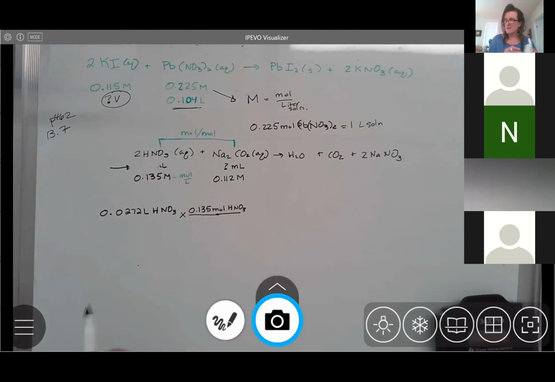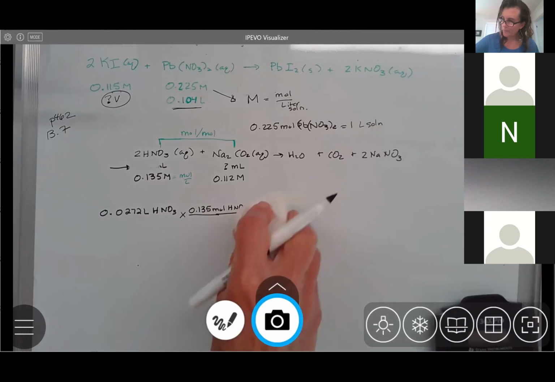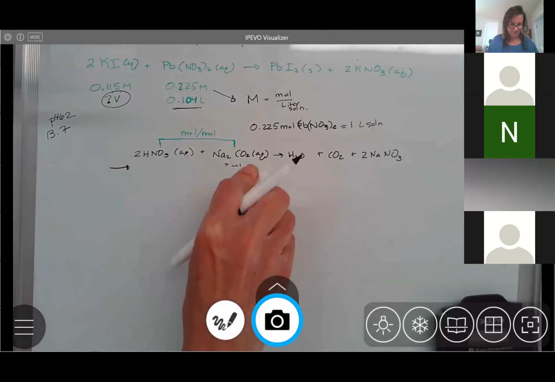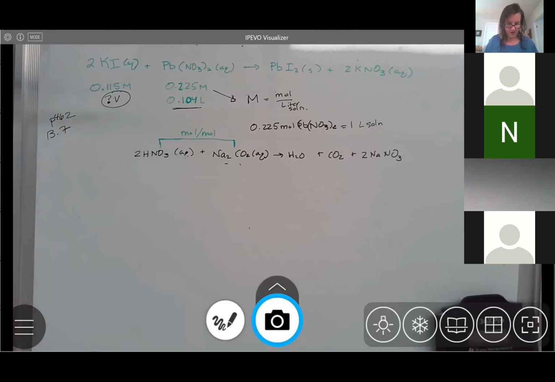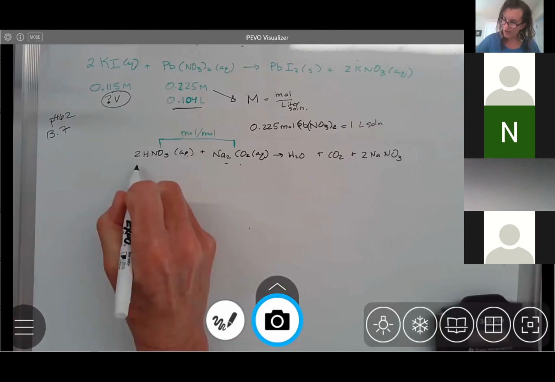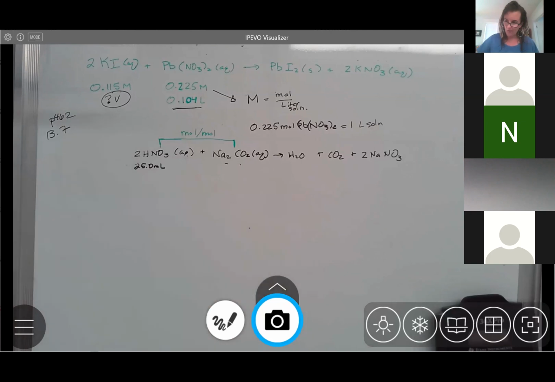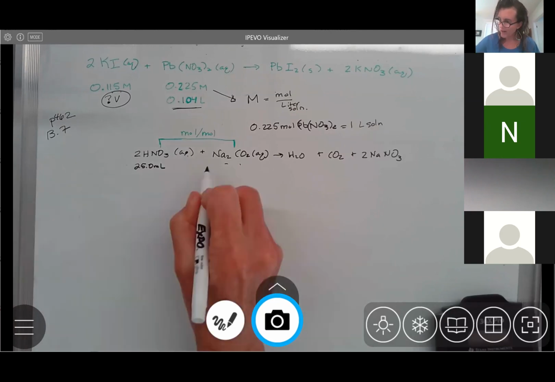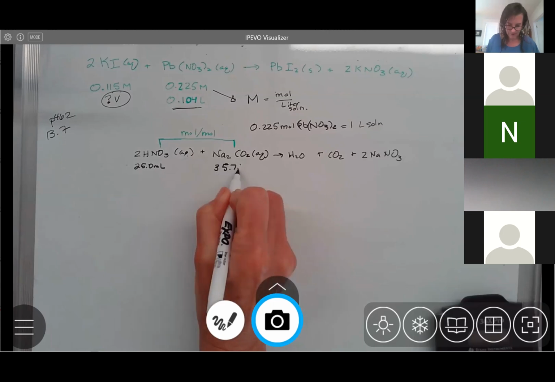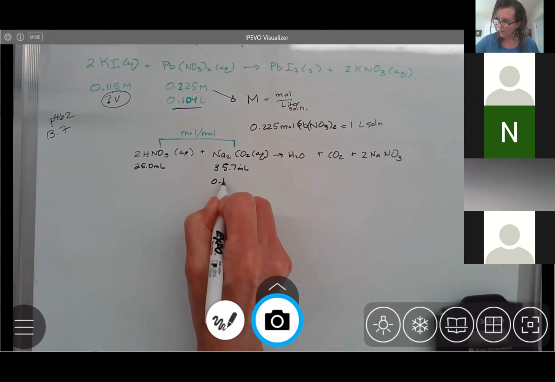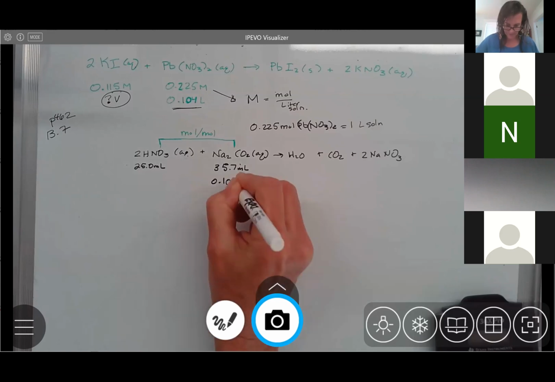Oh, okay, so this is going in the opposite. Let me see. Okay, so I have 25 milliliters of that, and I have 35.7 milliliters of sodium carbonate, and the sodium carbonate is 0.018 molar.